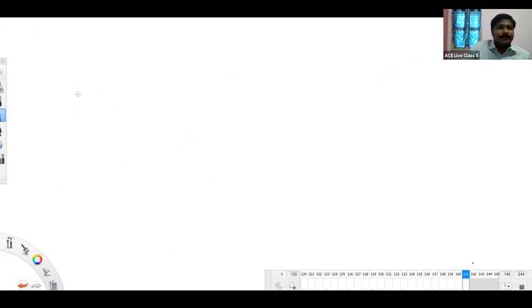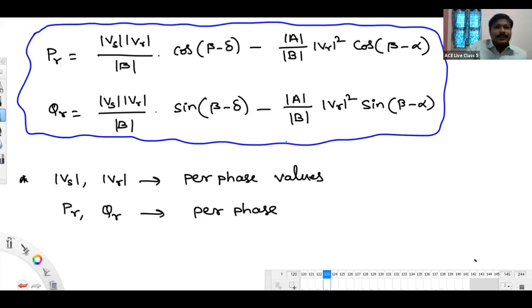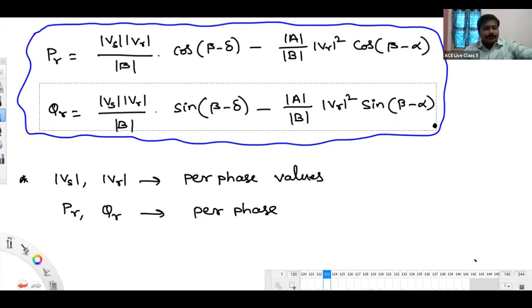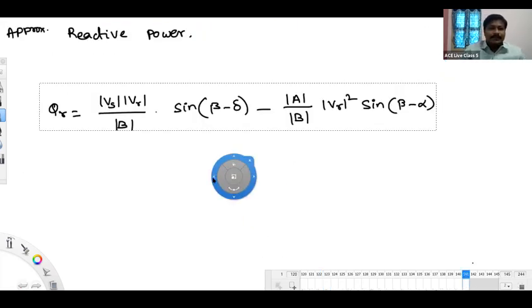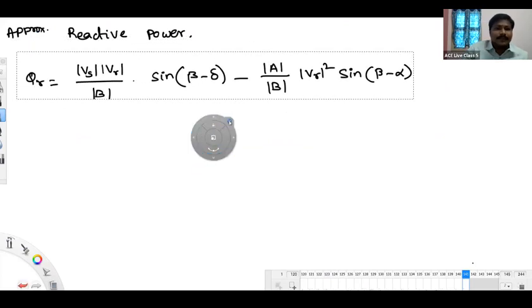I can say in the next slide, the approximate reactive power equation. Okay, so let me copy that QR equation we have. See this quickly. This is a very important one with respect to examination, these things I am discussing.